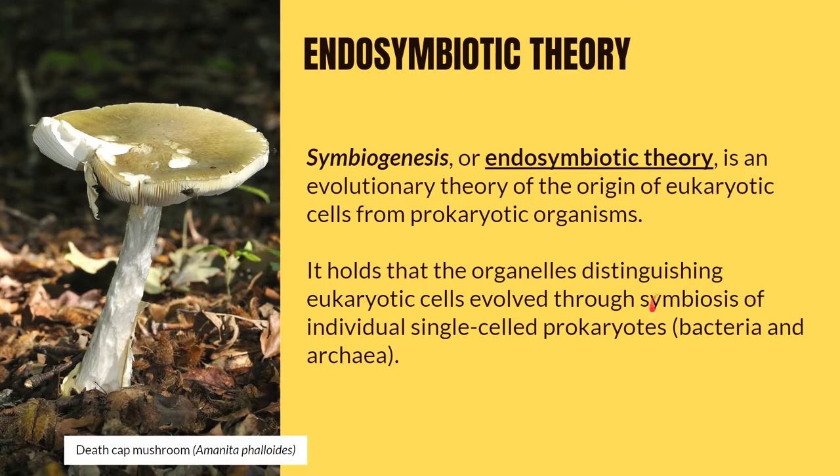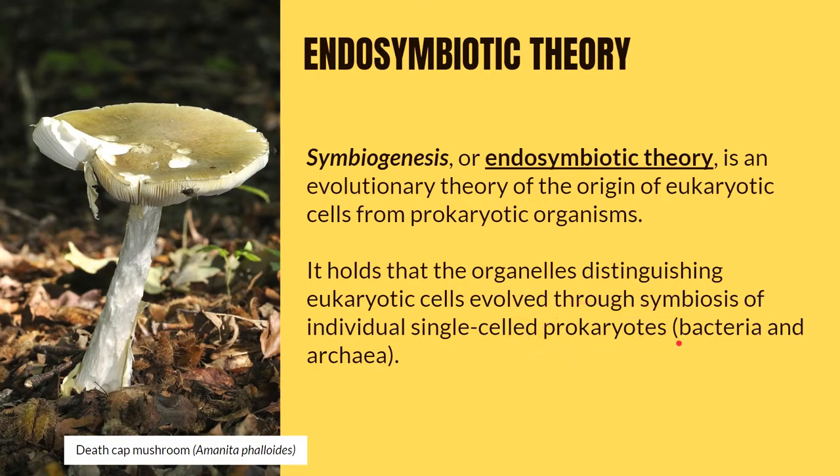We've learned this in our lesson on ecosystems, that organisms can have interconnected or deep relationships with each other. We call that symbiosis. So the endosymbiotic theory tells us that eukaryotic cells evolved from the symbiosis of prokaryotes in the past.